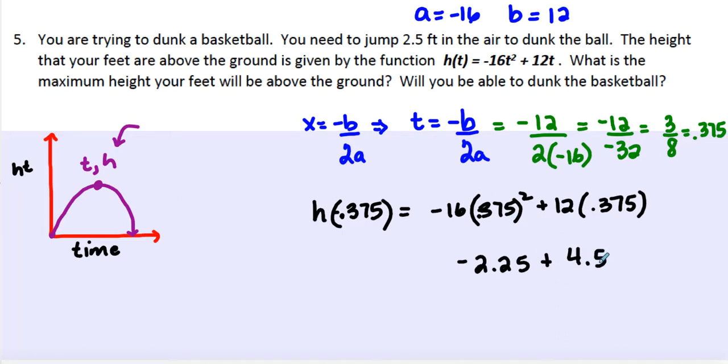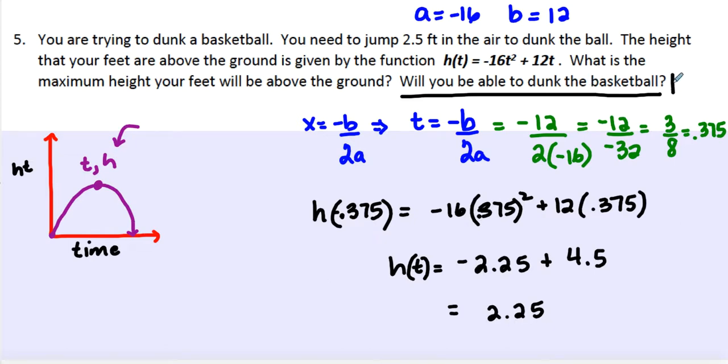I'm going to add those together, and that gives me h at 0.375 to be 2.25. So that is my maximum height. That's as high as I can jump. So if I need to jump 2.5 feet in the air to dunk the ball, will I be able to dunk the basketball? No luck. No, I won't be able to. I'm going to have to practice my jumping. All right, have a great day.